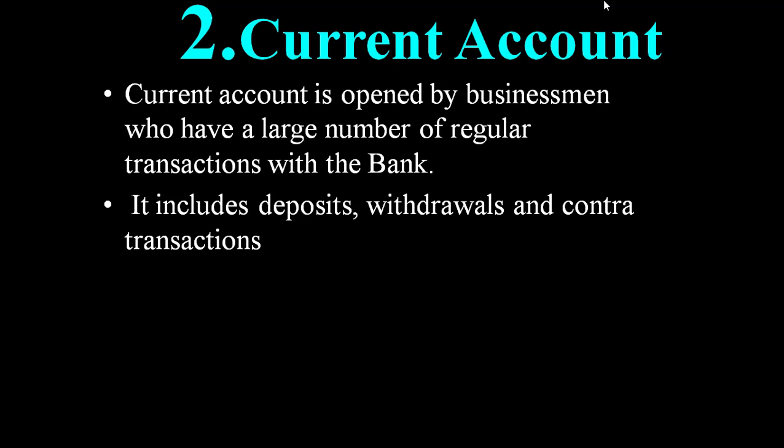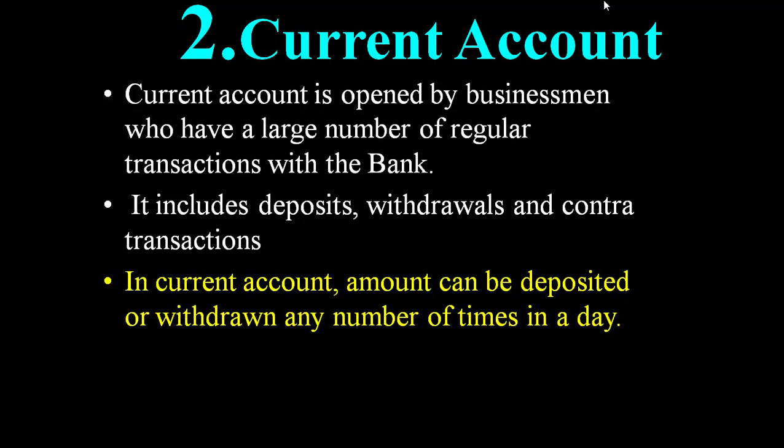So, continual, regular transactions. In a current account, the amount can be deposited or withdrawn any number of times in a day. There are no limitations for deposit as well as withdrawal.